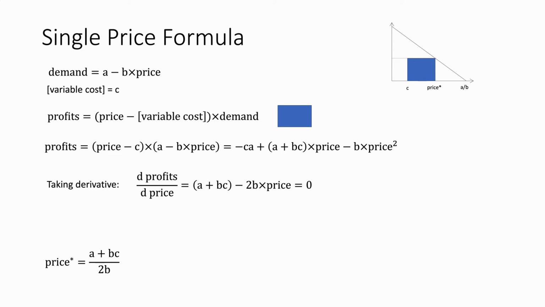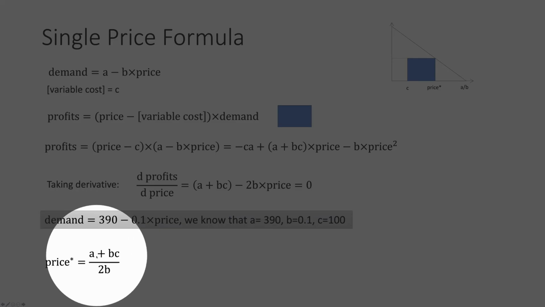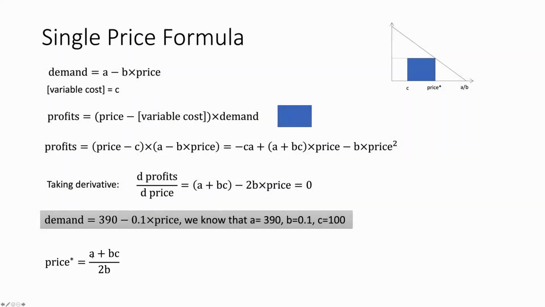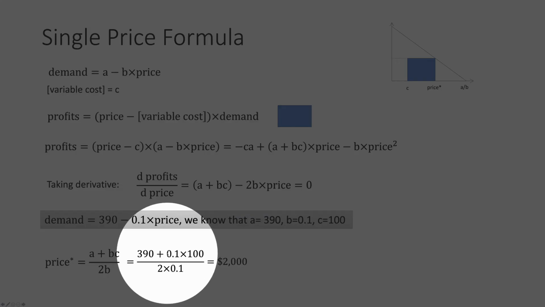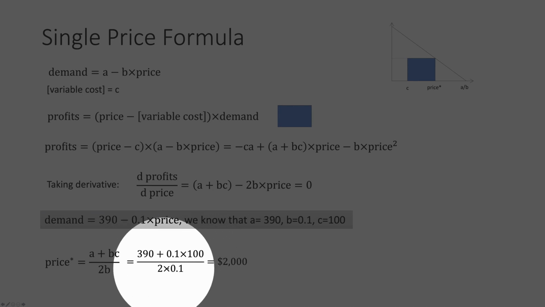And since we already know that for the demand curve, demand equals 390 minus 0.1 times price, we have A equals 390, B equals 0.1, C equals 100. So we substitute these three numbers into the optimal price calculation. We have 390 plus 0.1 times 100, so it's A, B, and C, and then divided by 2 times B, that is 0.1.